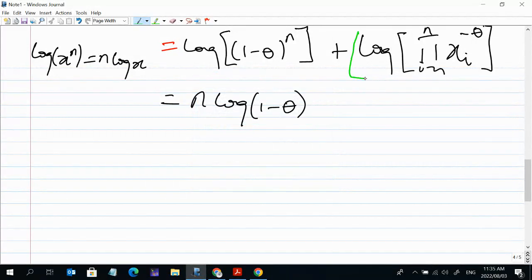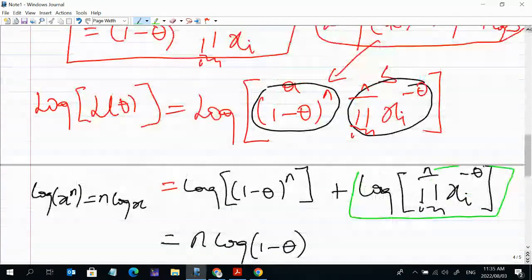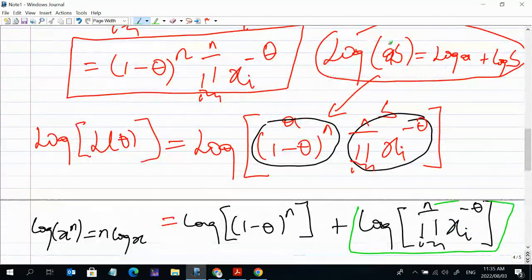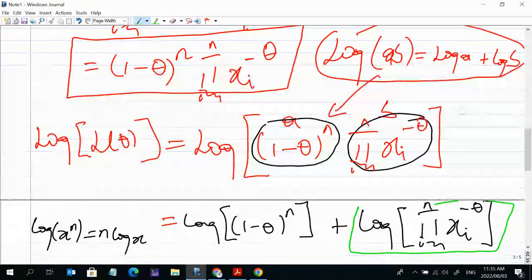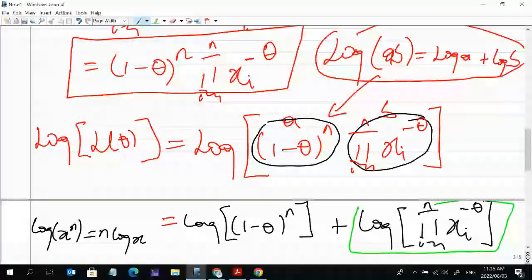What we have here is the same, but n times, because we have the product of xi to the power minus theta, with i ranging from 1 to n.